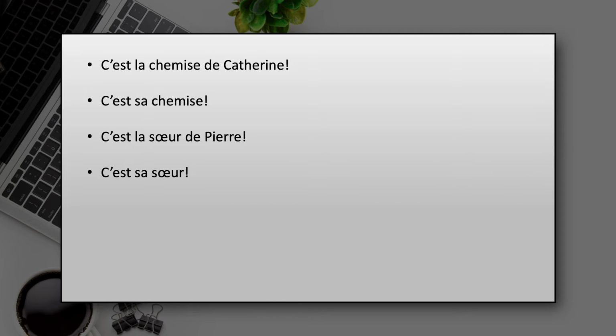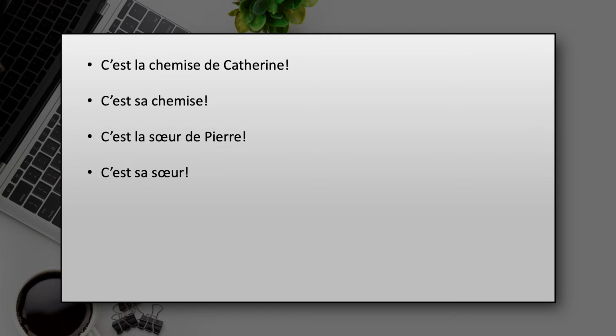In English, we say it's her shirt. But this her refers to Catherine and not to the shirt. But in French, c'est sa chemise, it's her shirt. This sa actually indicates chemise.